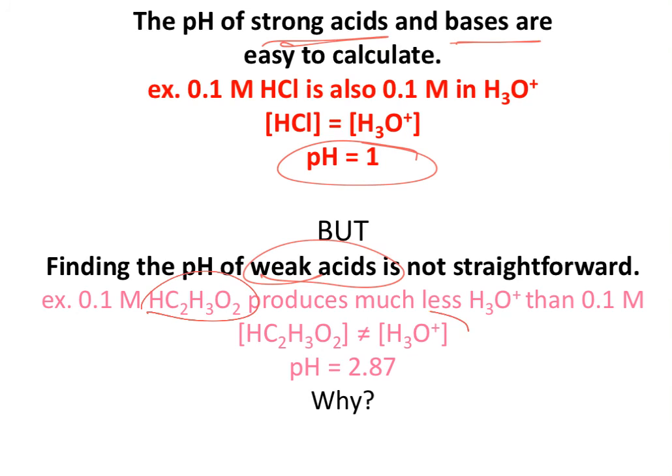And how do we know how much hydronium ion or hydroxide ion that weak acid or base will form? We need more information, right? You can be given the initial concentration of the weak acid or base, but until you know the extent of ionization, you're not going to know how much hydronium ion you've made.